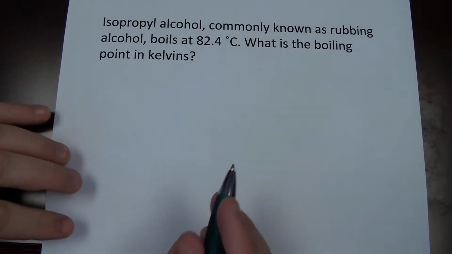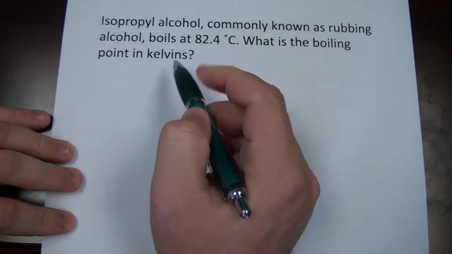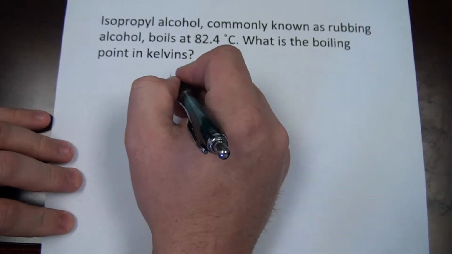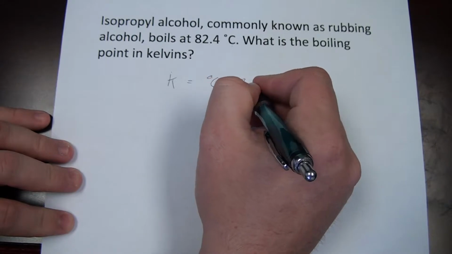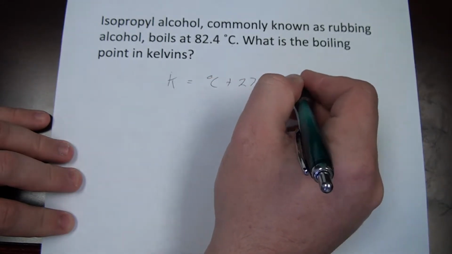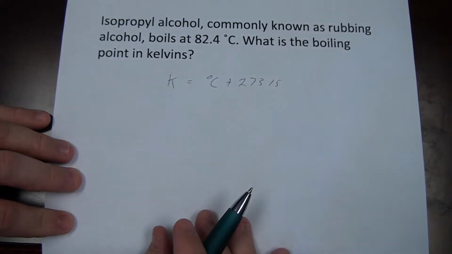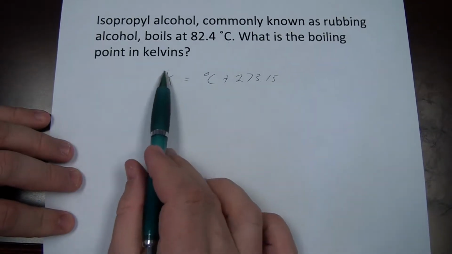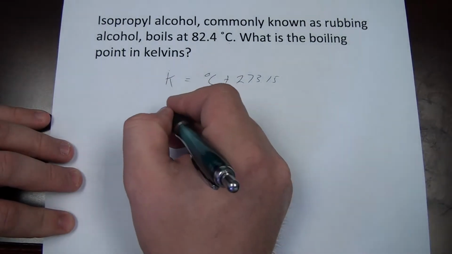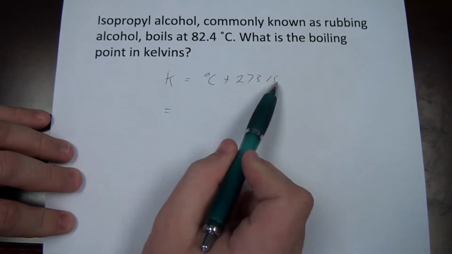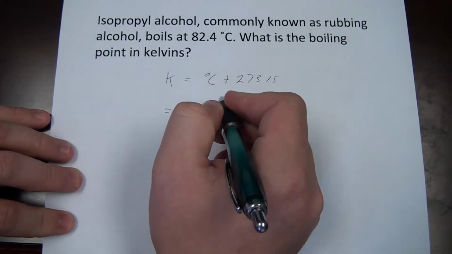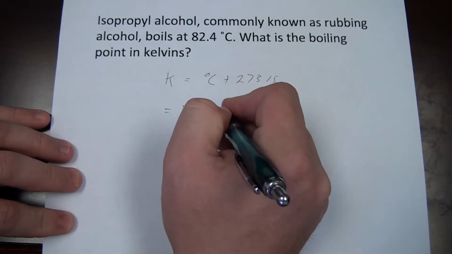So if we remember, to go from Celsius to Kelvin, the temperature in Kelvin is equal to the temperature in Celsius plus 273.15. So we take our temperature in Celsius and add 273.15.